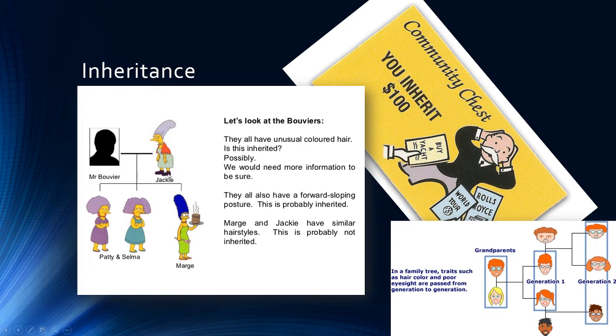Marge and her mom have similar hairstyles. They say, well, that's probably not inherited, but I would say the propensity to be able to create that kind of hairstyle has to be inherited, right? So some inheritance going on.